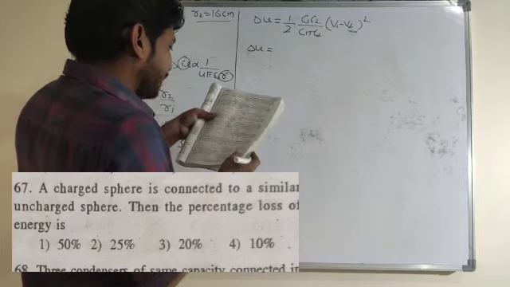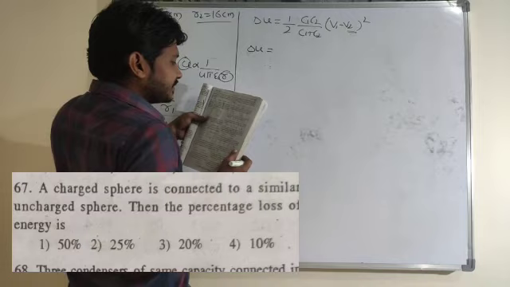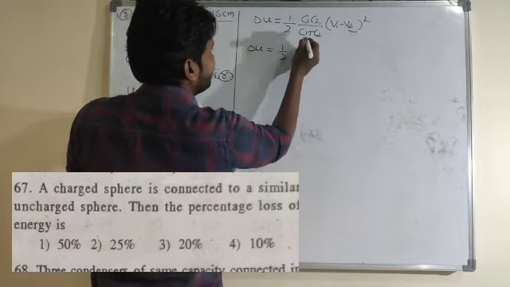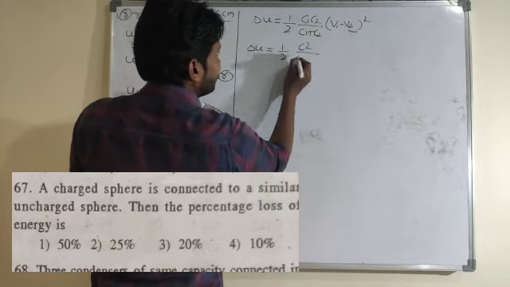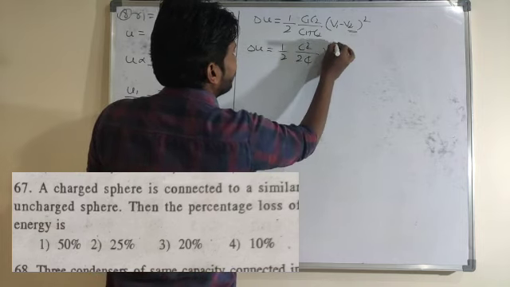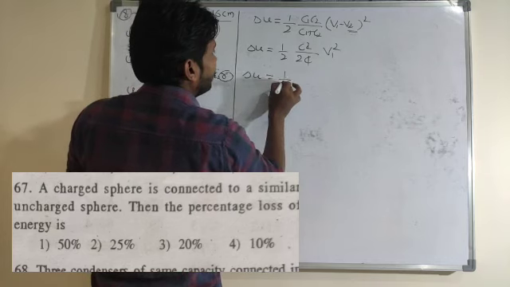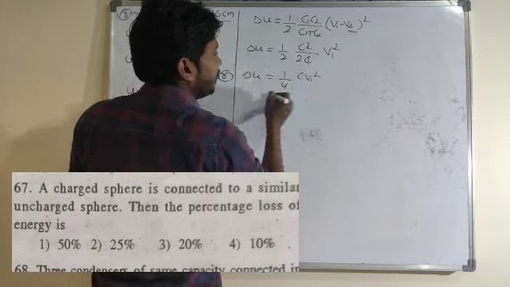They mention similar capacitance, so C into C is C square, divided by C plus C, which is 2 times C, times V1 square. So this gives 1 by 4 C into V1 square.